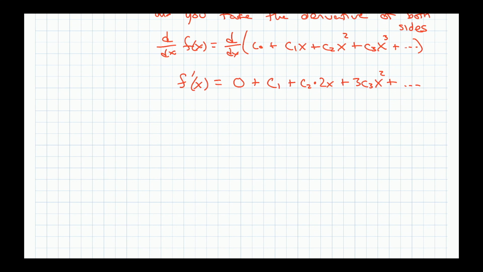The point is that I know these are called C's, but that C1 I could call a new D0. And the C2 times 2, because there's a times 2, could be a D1 x. And then the 3C3 could be my D2 on the x squared, and so on. And at this point, you have a power series equal to f prime.